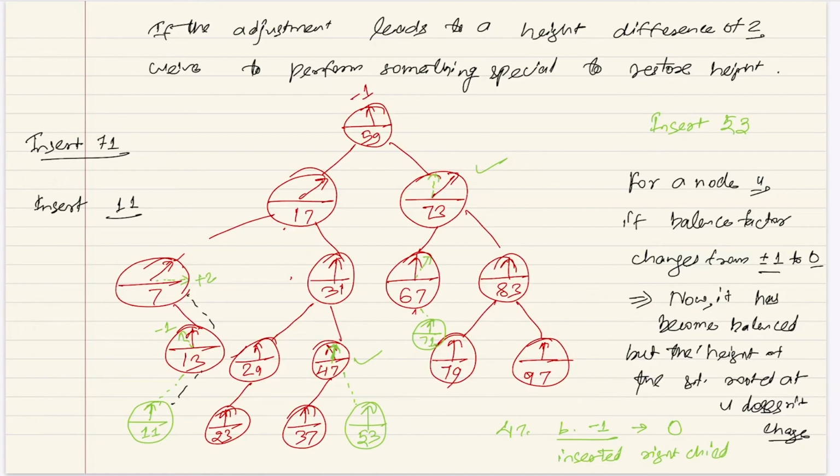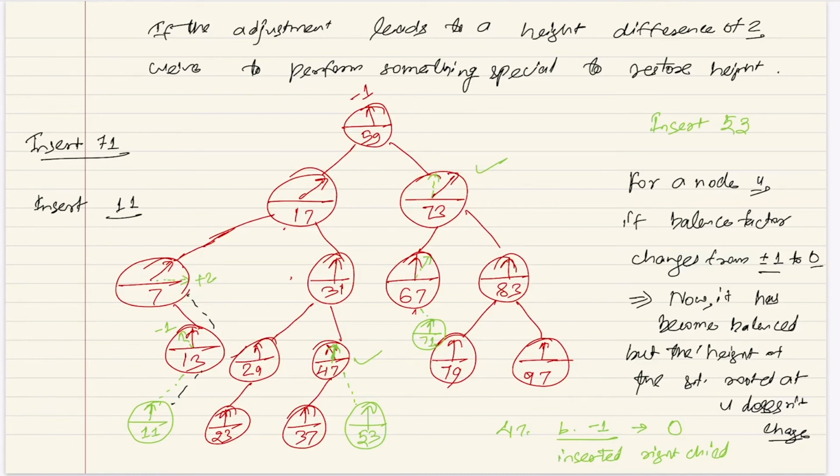So that means now I have to do something special. I never encountered +2 until now. Till now I was just handling things, when to go up, when not to go up. But here I have to do something special so that the balance factor is restored. And now that's what we will see. How do we do something special?